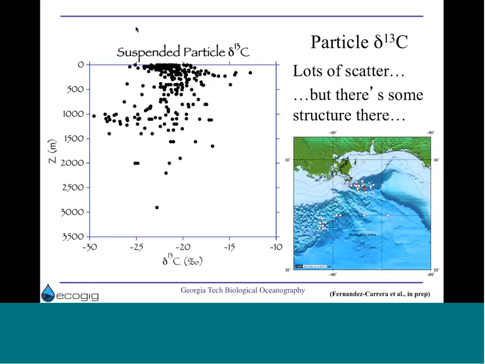At what depth does the light stop getting through the water? It depends where you are, and the depth of penetration of light depends on what's in the water column. Biologically, the depth at which light is diminished by 99% relative to what hits the surface is very important.